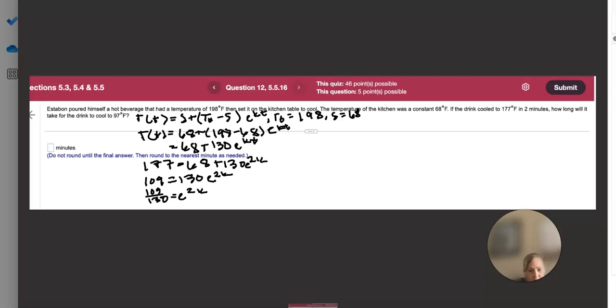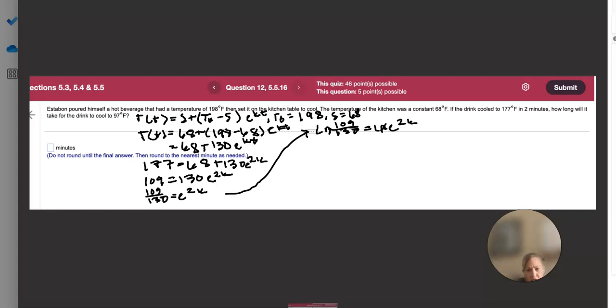Now, in order to bring down that exponent, we're just going to take the natural log of both sides. So the natural log of 109 over 130 equals the natural log of e to the 2k.